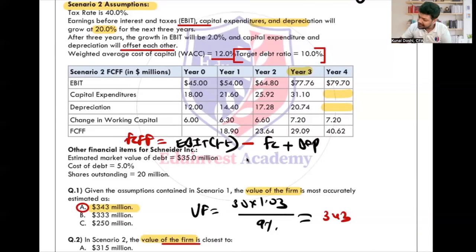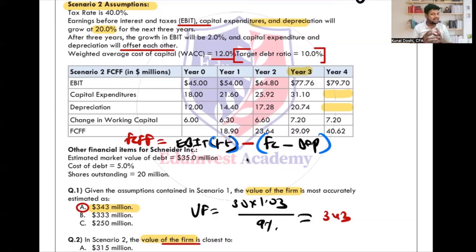What if I put these into a bracket? Then it will be fixed capital minus depreciation, isn't it? That's net capex. Understood the adjustment? Clear. And then what else is left?